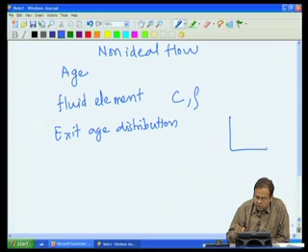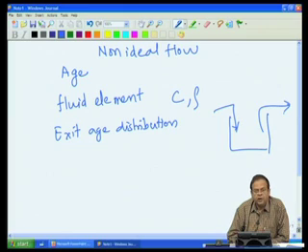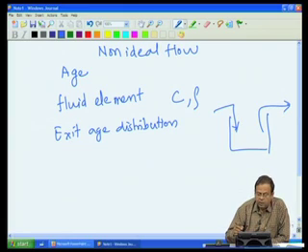So, what it simply means is, suppose this is my reactor, and I am introducing some fluid elements. This is purely arbitrary.